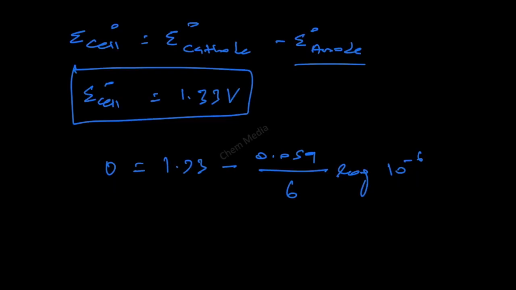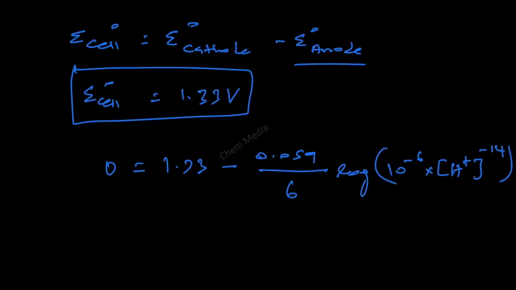Because the concentration of chromium 3 plus whole square divided by concentration of dichromate ion is given as 10 to the power minus 6, times we have H plus ion concentration. If we bring that up, then that is H plus concentration to the whole power minus 14, because we have 1 by H plus to the power plus 14. We brought it up, therefore it became minus.